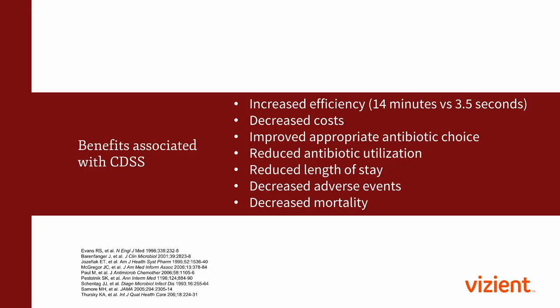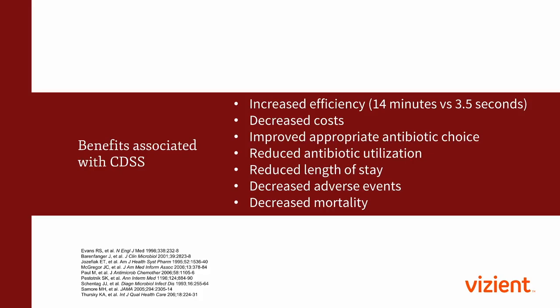The investigators did a time and motion study to look at the average duration of time that it took to complete an intervention. They found that when an infectious diseases specialist had to manually review charts before making the intervention, it took an average of 14 minutes. The computerized clinical tool was able to complete the same action in only 3.5 seconds when the process was automated.